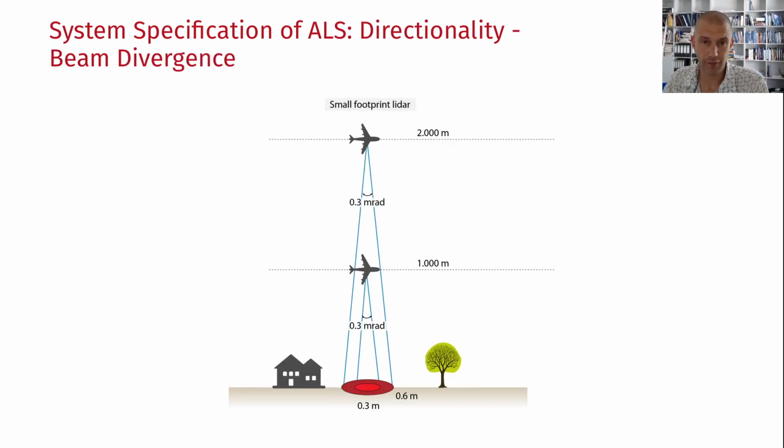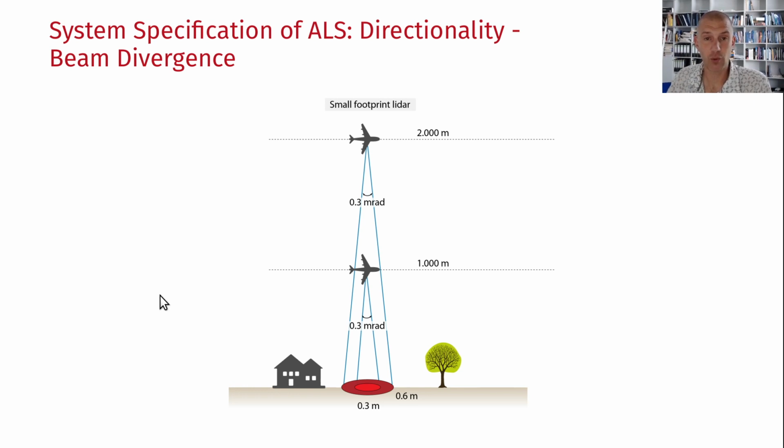Beam divergence is a very important point because it tells you what the size of the footprint is on the surface. When you look at point cloud data, you only have a single point that can be very, very small, or infinitesimally small in an XYZ coordinate system. But the actual data are generated from a much wider beam.